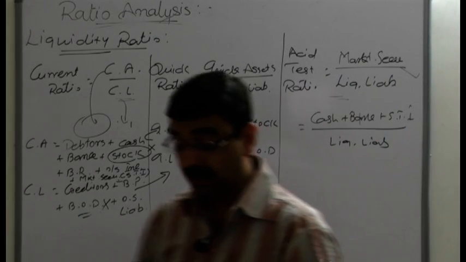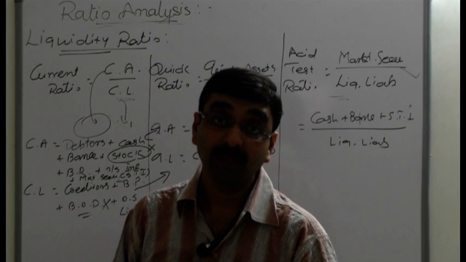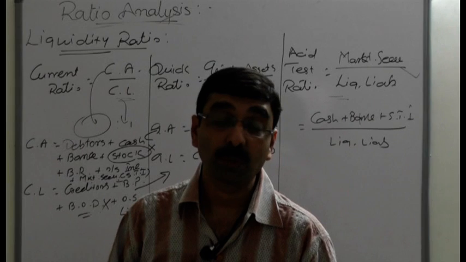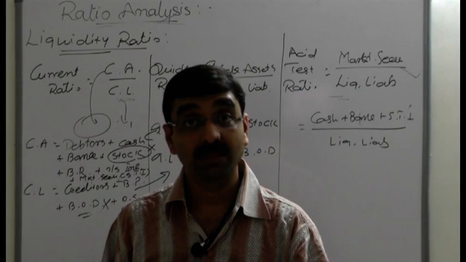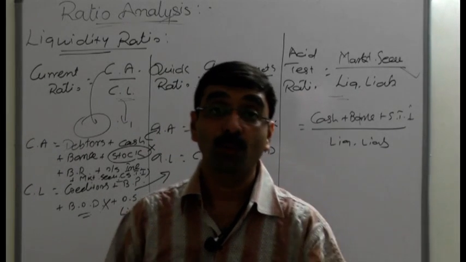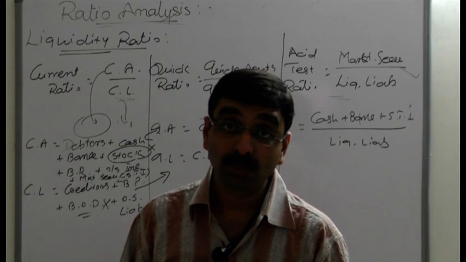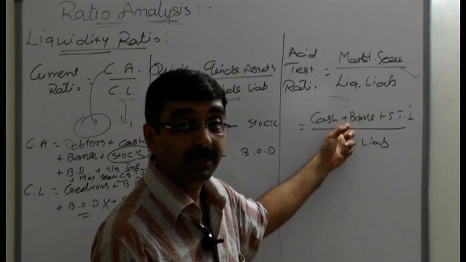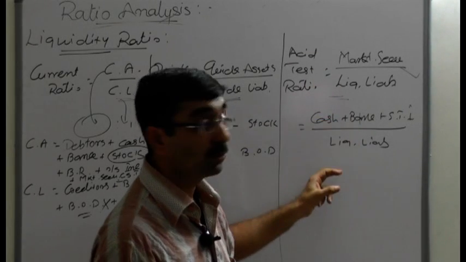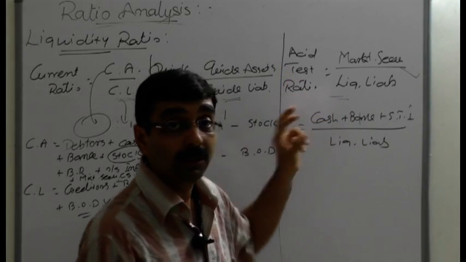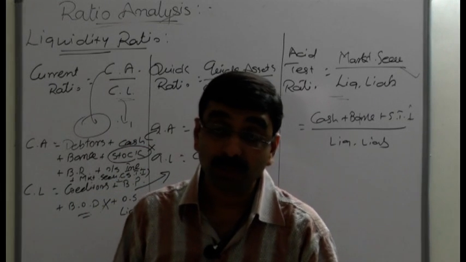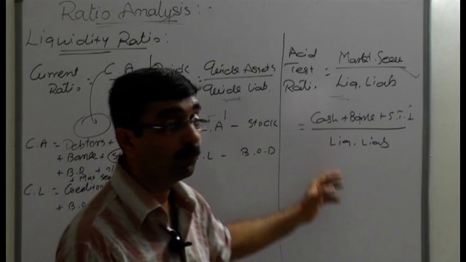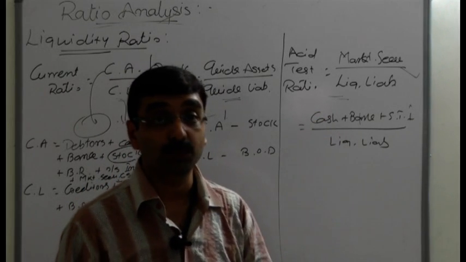So if any circumstance arises in the company where immediate liabilities have to be paid within 24 hours, maybe sometimes you need to purchase raw materials or labor has to be paid immediately, marketable securities and such types of assets are needed, and that shows a comparison of whether the company is in a situation to meet their acid test. So this ratio would be helpful to understand their acid test position.